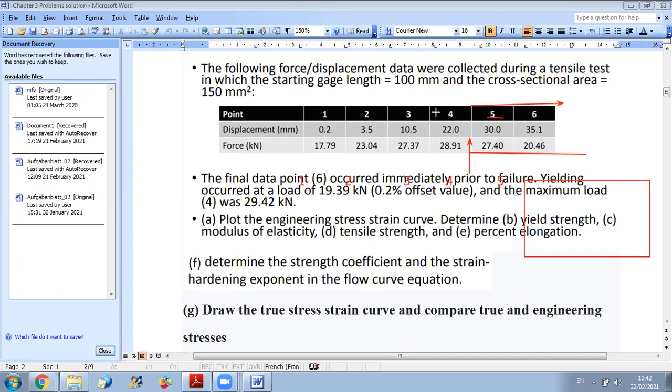Now it is very close if you want, because 27.4 is close to 29, just at the start of necking. The 0.5 is just at the start of necking.